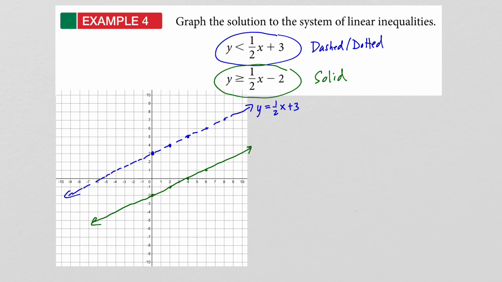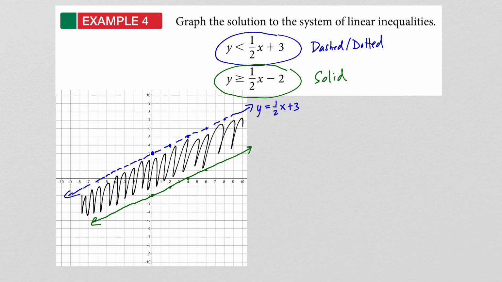So all the points that satisfy this are going to be all the points that are in between these two parallel lines. And this green line here, this solid line, is part of the solution, whereas this line here is not part of the solution. So when you're graphing a system, you're trying to find all the points that satisfy both of these simultaneously.